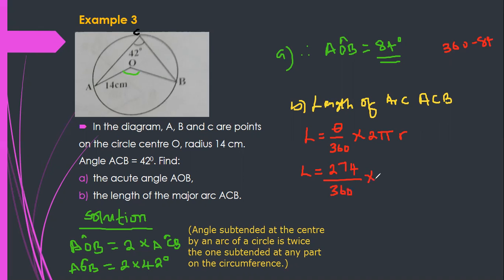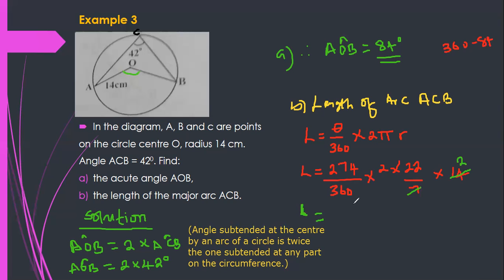Then multiply by 2 times pi, then times the radius of the circle. What is the radius again? Do we have 14? Yeah, of course 14. So we have 2 left. So when we multiply everything here, we should have our length of the arc.